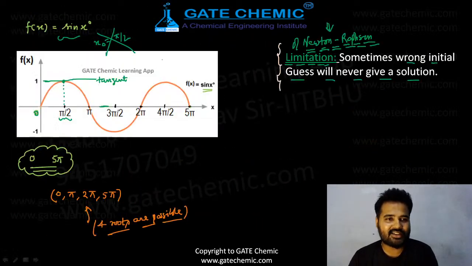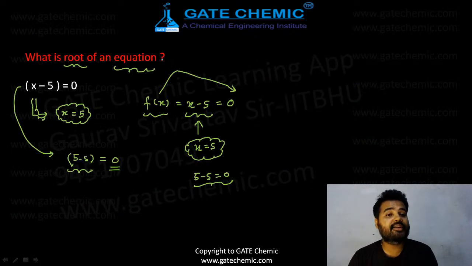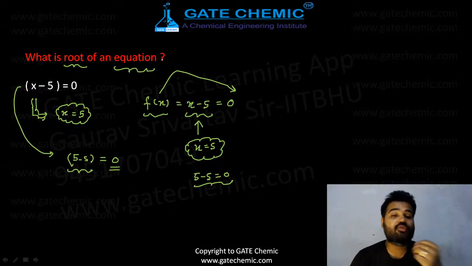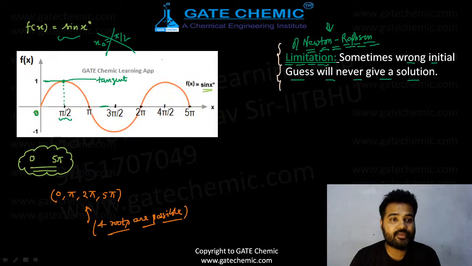Let me show all the slides once again. The students who joined late: root means what? Root means the value of x which satisfies the equation and will give you f(x) equals 0. That is known as root of that equation. Here you can see in this graph you have 4 roots between limit 0 to 5 pi.